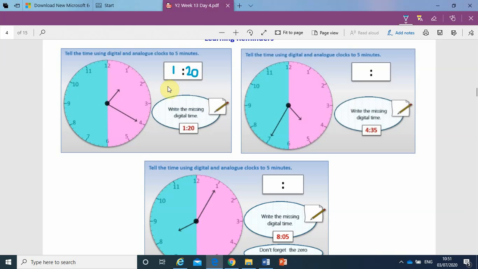At 1:20, we could write 20 past 1. 20 minutes past 1.